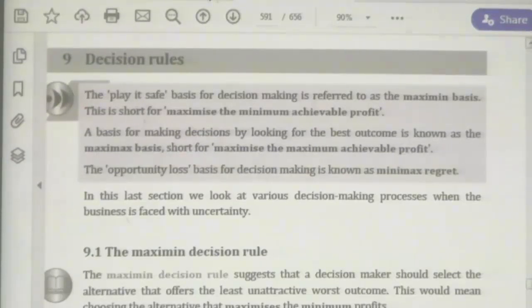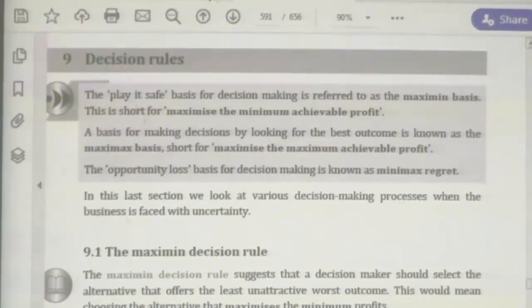When you cannot find the probability, you cannot go for the expected value.